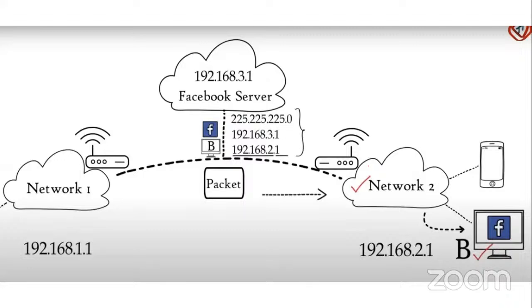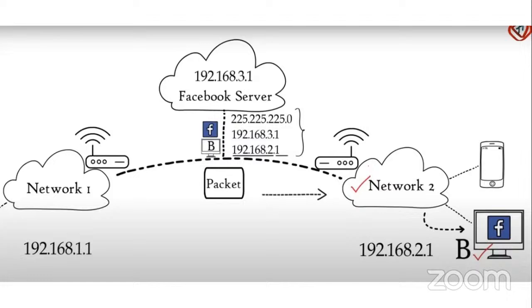You see this example. You have network 1 and network 2. To network 1, system A is connected, and to network 2, system B is connected. Suppose system B wants to interact with Facebook. System B wants to open the Facebook web page. So it will type Facebook, and system B's IP address is 192.168.2.1.